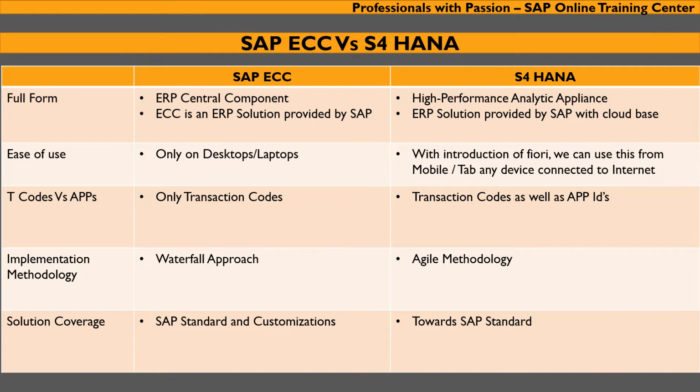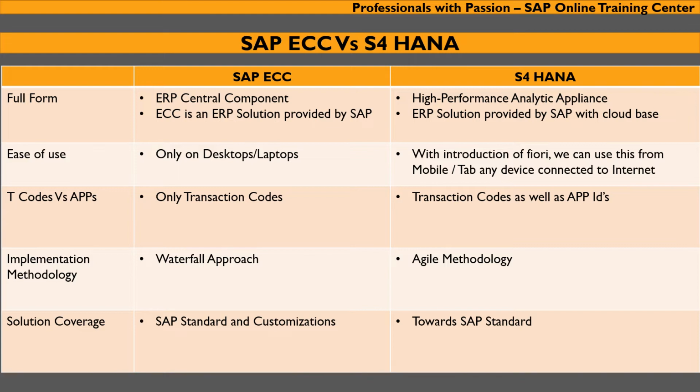If people are already aware of ECC, they must have understood the features of transaction codes and menu paths, how we enter the transaction and how we post the transaction. So here, T codes versus apps. In ECC, we are only using transaction codes.